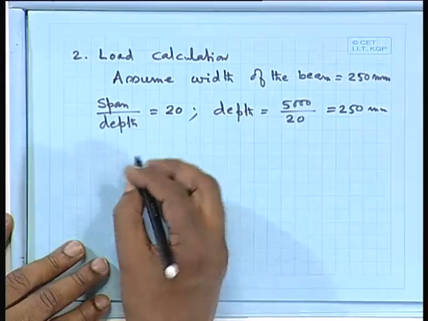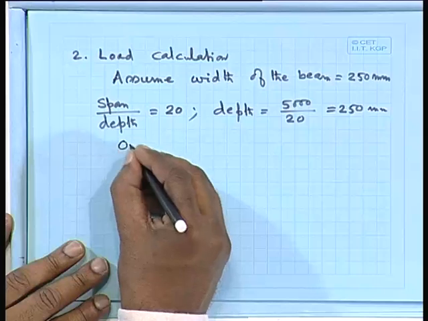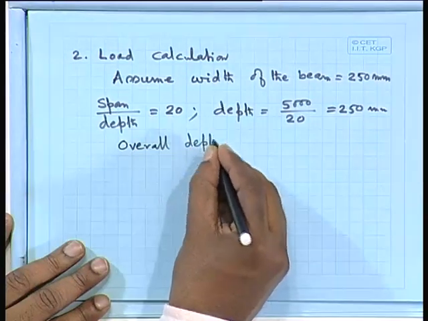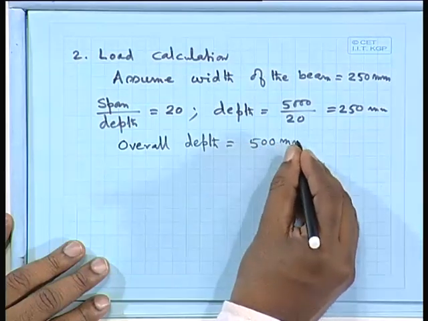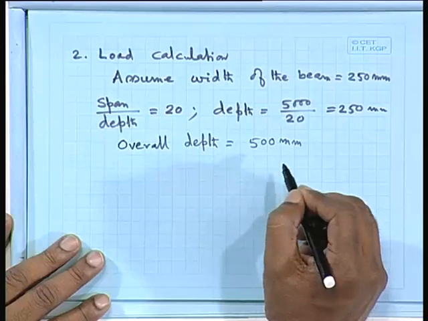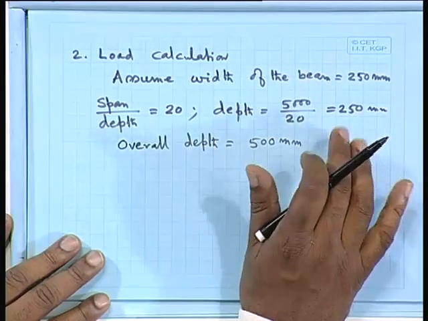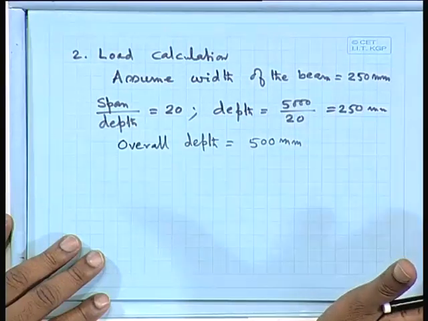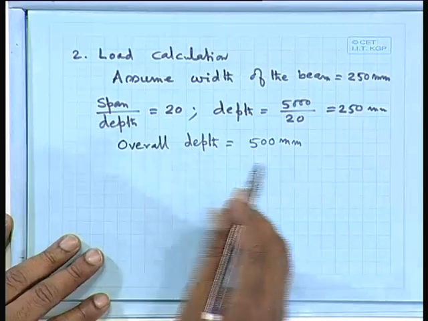So, for calculation of the self weight, let us take the overall depth say 500 millimeter, because going from 250 to 500, obviously it is better; you can try checking with 250 and see how it is coming instead of directly going to 500.